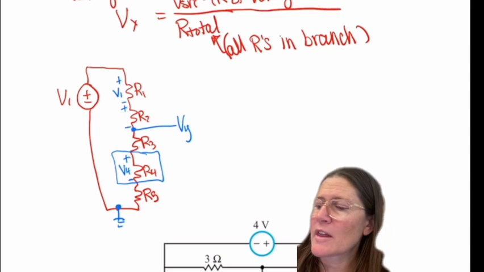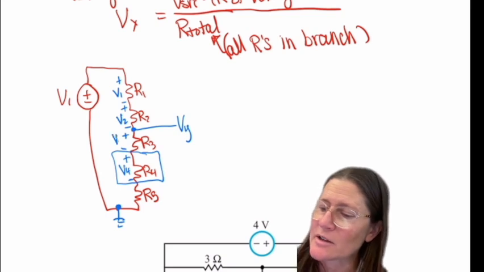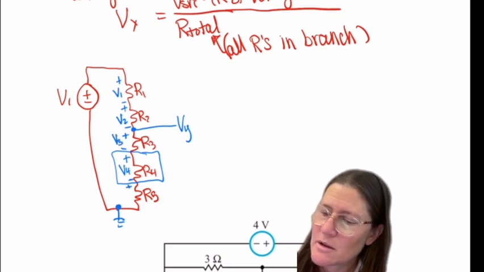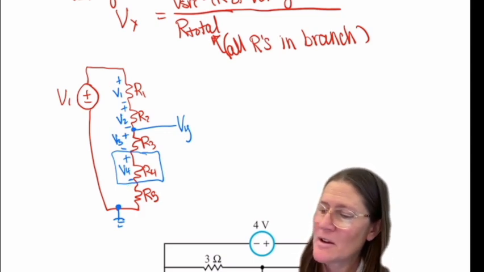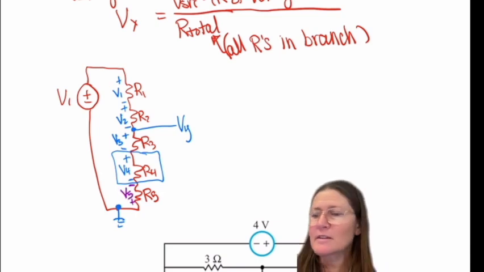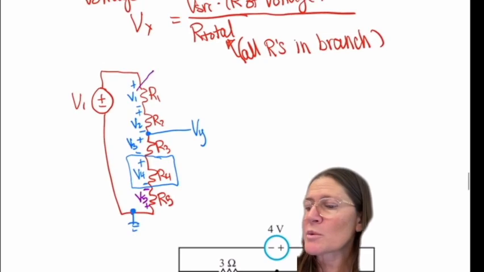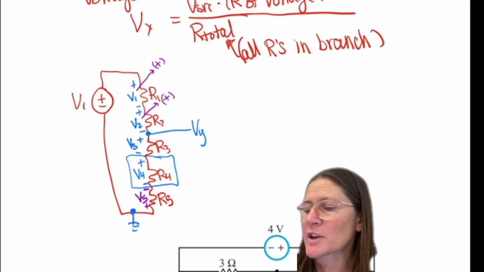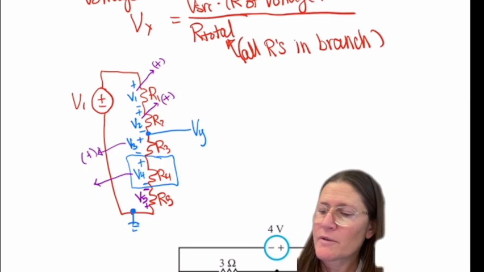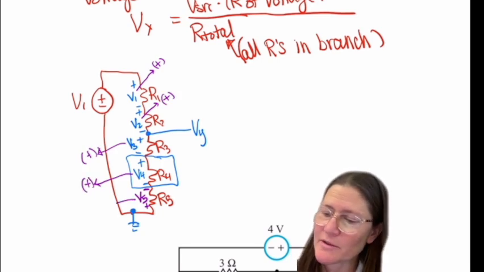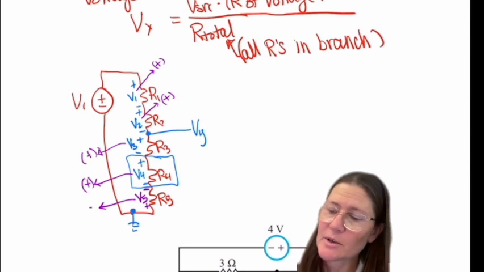So that said, this was the direction of the polarities I was saying there. Say I did this. V1 would be positive. V2 is going to be positive here. V3 is going to be positive here. V4 is going to be positive. What is V5 going to be? It's going to be negative.